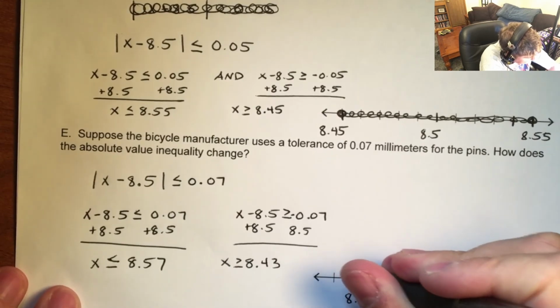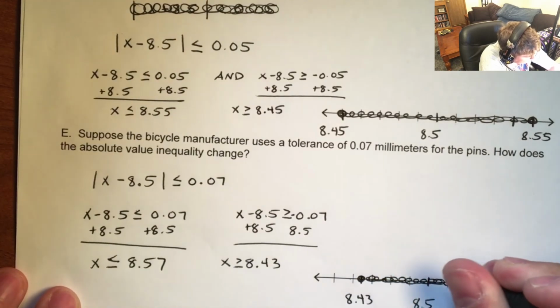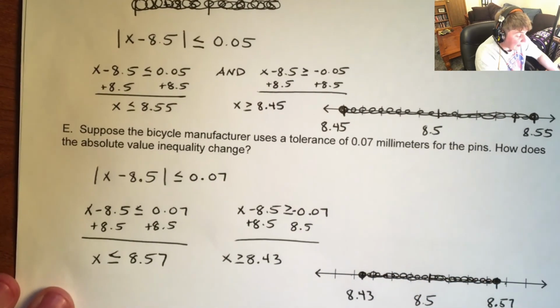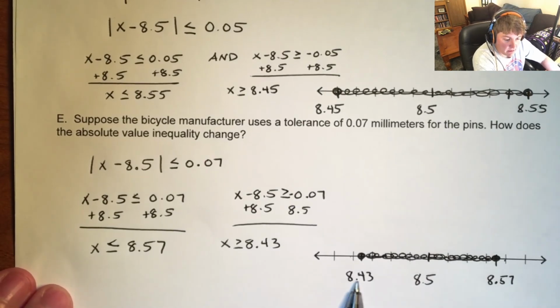All right, and it needs to be in between here. So for this particular tolerance level, we would allow our pins to be from 8.43 millimeters all the way to 8.57 millimeters.